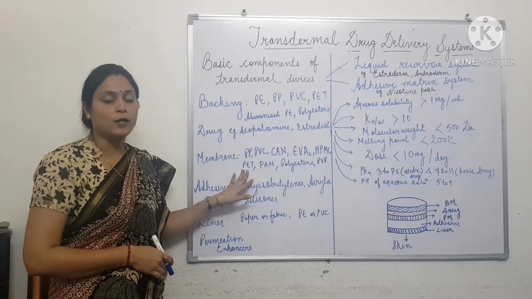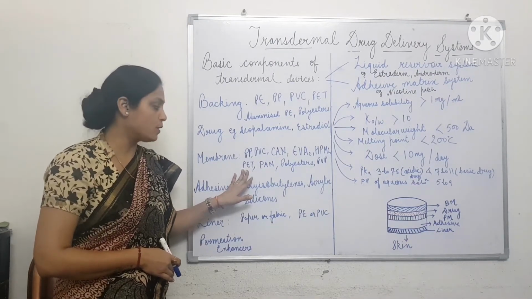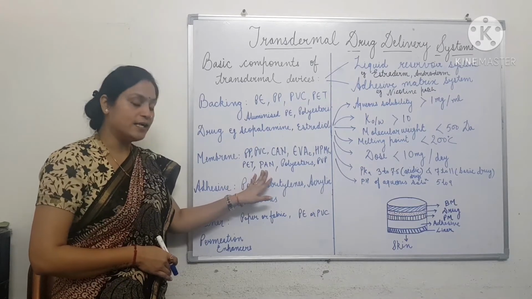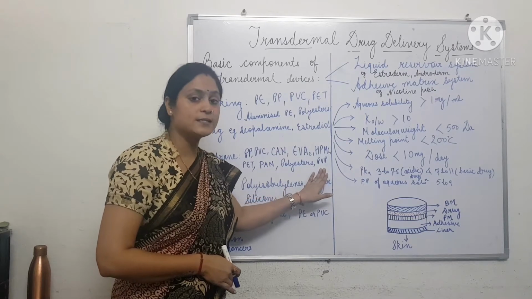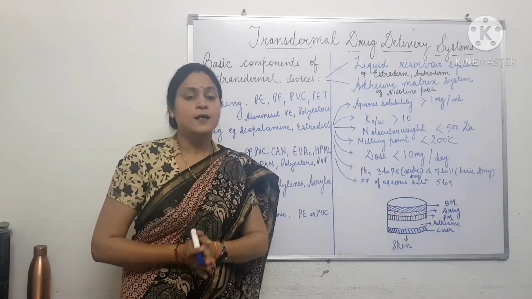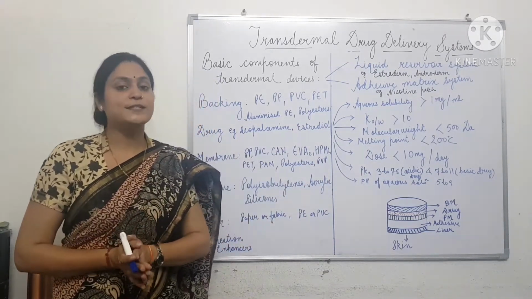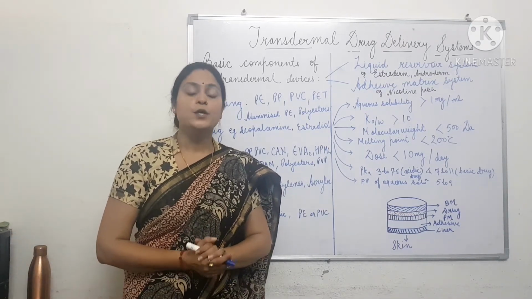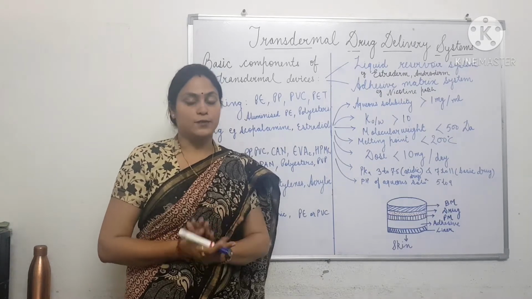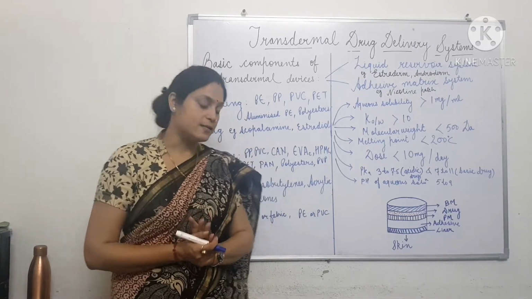This is also a polymer which controls the release of drug. Then polyacrylonitrile, polyesters, polyvinyl pyrrolidones, polymethyl methacrylates. These are all synthetic polymers which can be utilized in the formulation of transdermal drug delivery systems to control the release of drug at a predetermined rate.